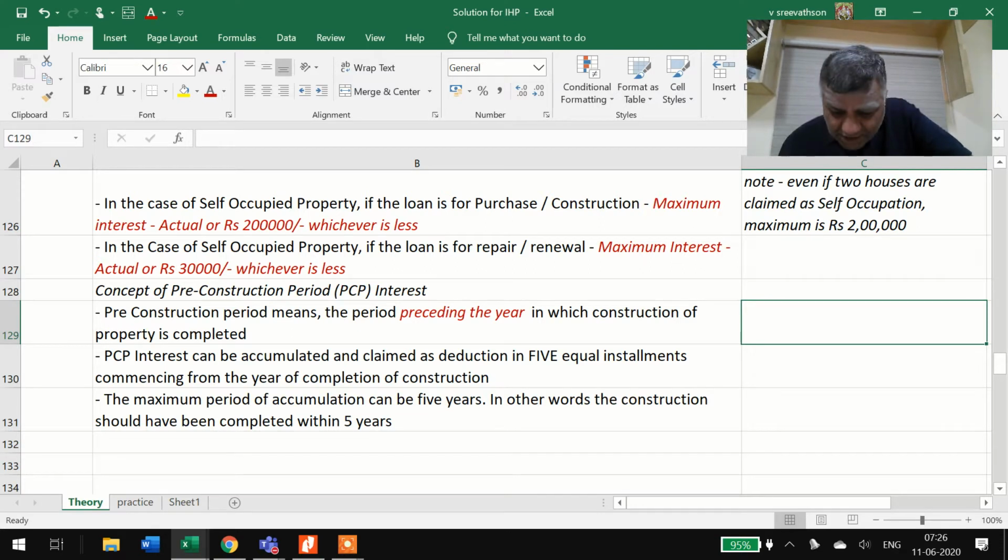So any period till 31/3/2020 is known as pre-construction period. Pre-construction period means the period preceding the year in which construction of property is completed.